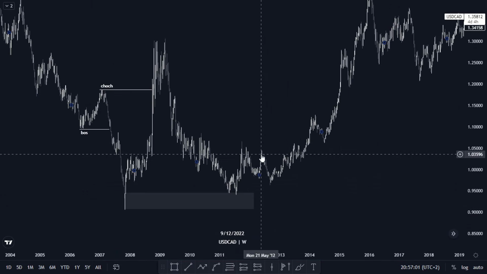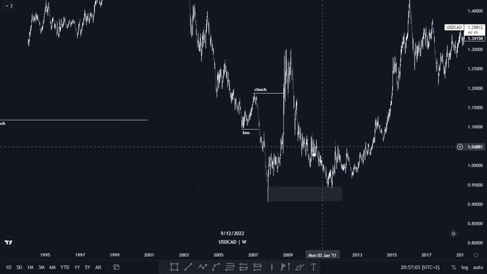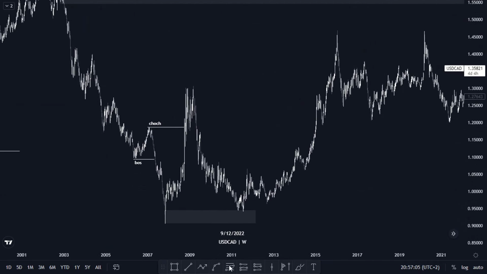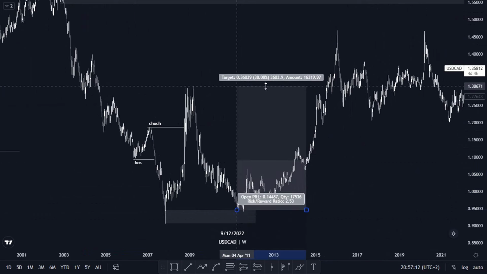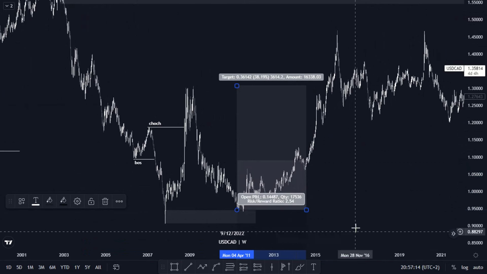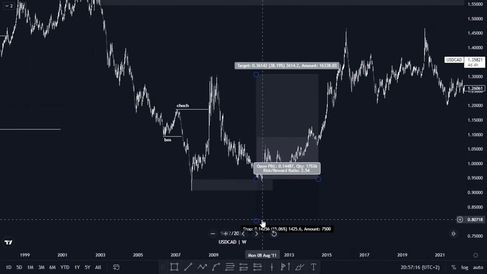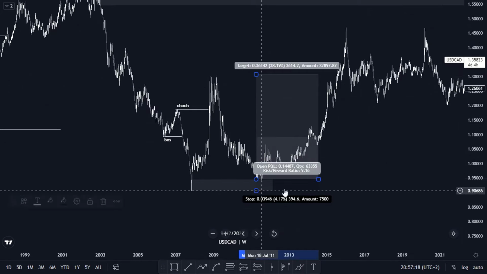If you take your trade on this order block, your take profit would be at this high here, and your stop loss would be just at this order block here.